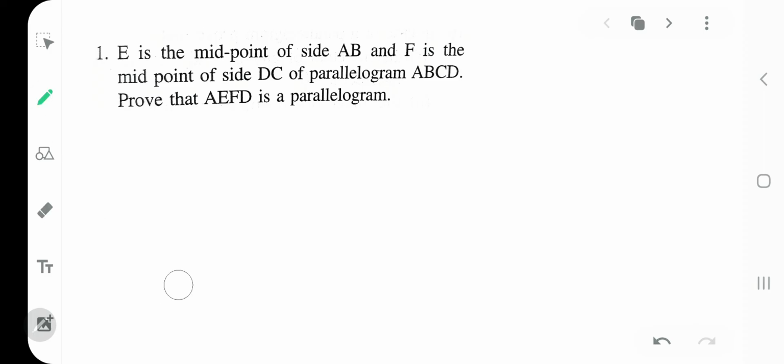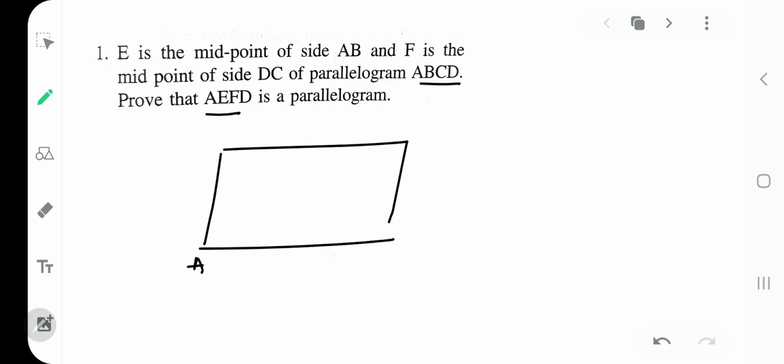It says E is a midpoint of side AB and F is the midpoint of CD. We have ABCD, a parallelogram. So I'll draw a parallelogram first, ABCD. It is said that F and E are the midpoints, so these are the midpoints.